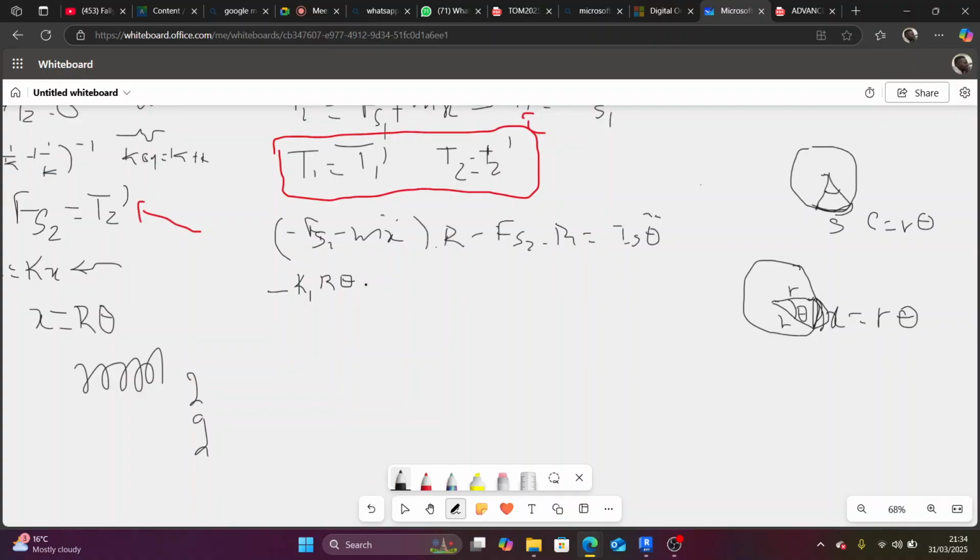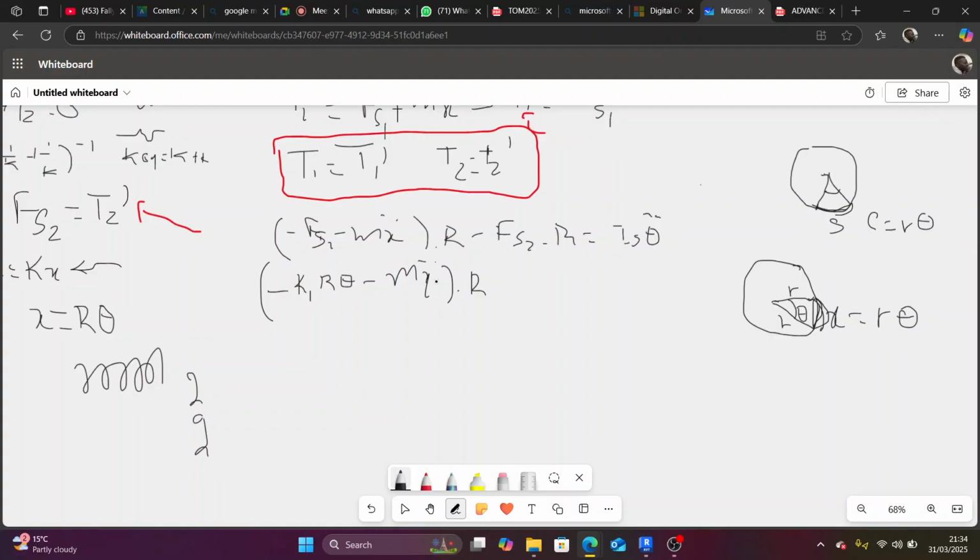Now, what do we have here? Minus m x double dot. Remember, everything is multiplied by r. Do you see where the r squared comes from, my brother? I see now, yes. It's simply when you have a moment.